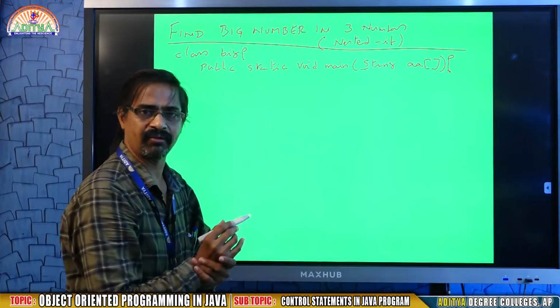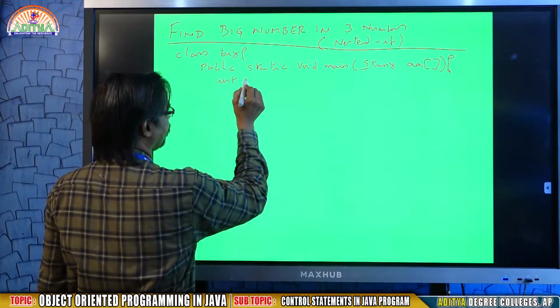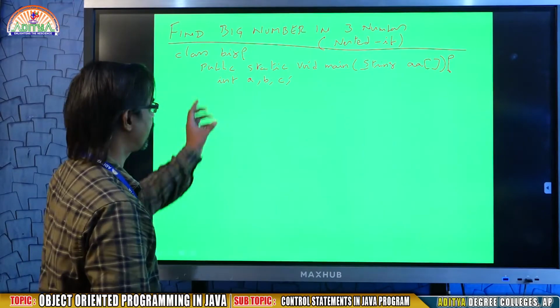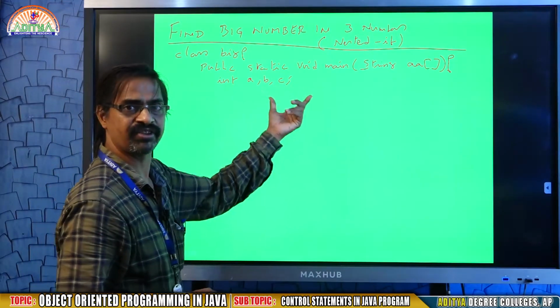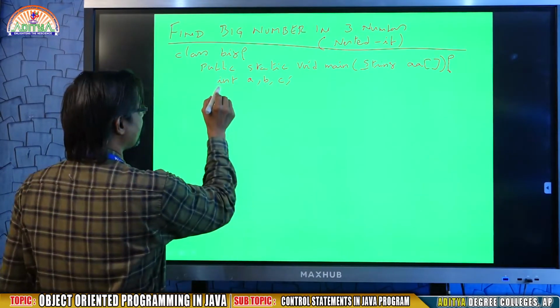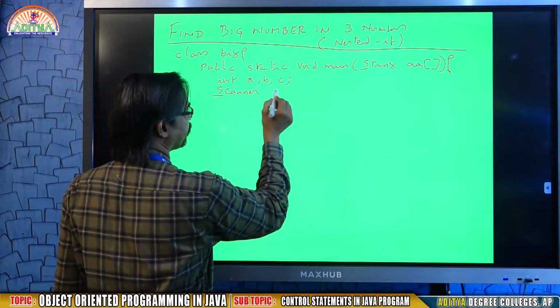Here I am writing my program for finding the big number in 3 numbers. Now I am going to take 3 variables, a, b, c. I want to find the big number of these three numbers. For reading three numbers, I am using Scanner, with some object name.